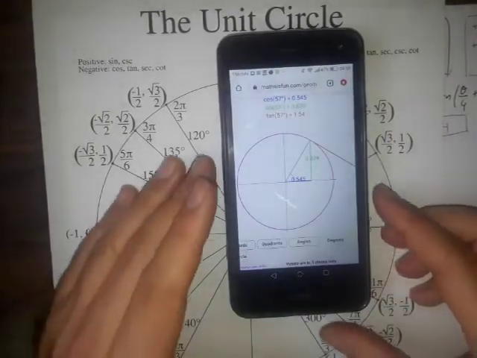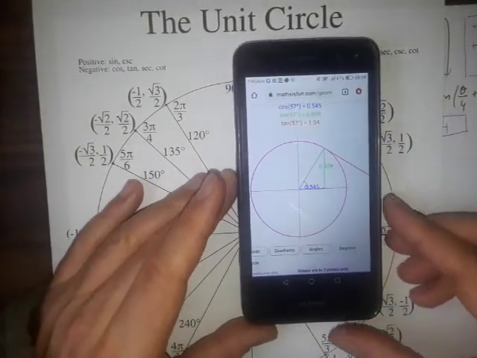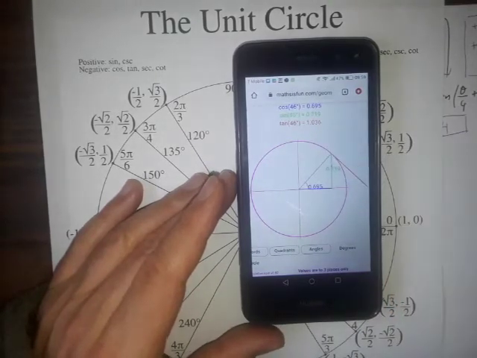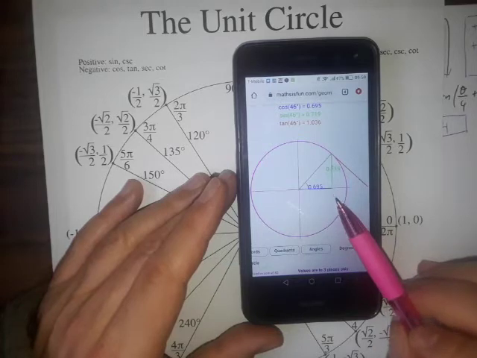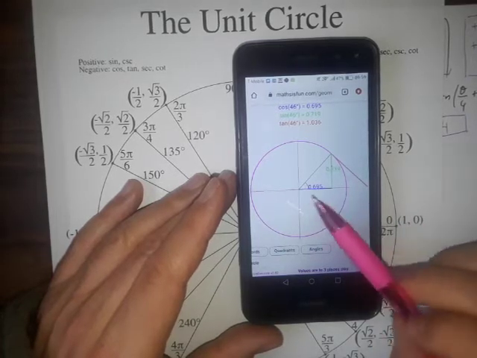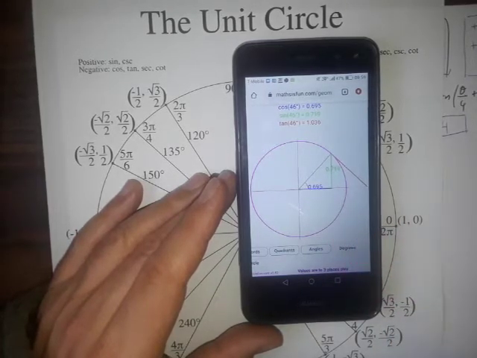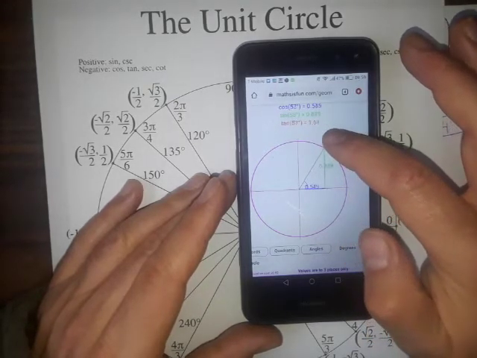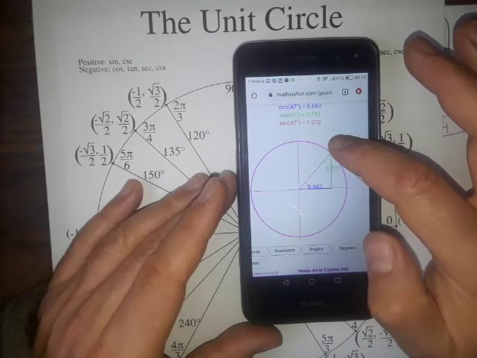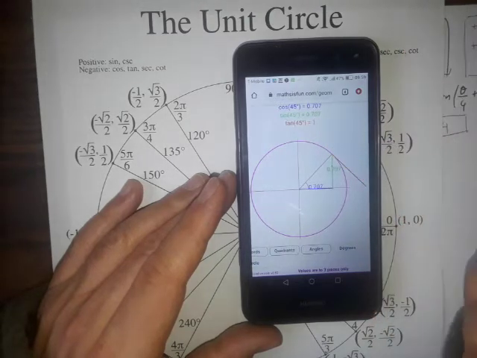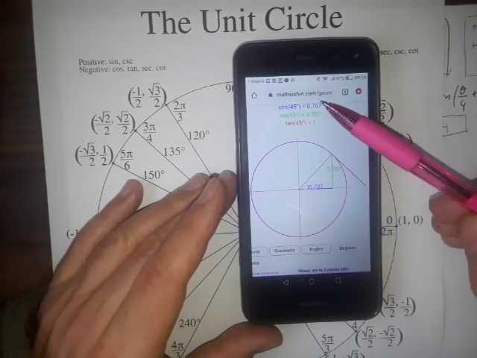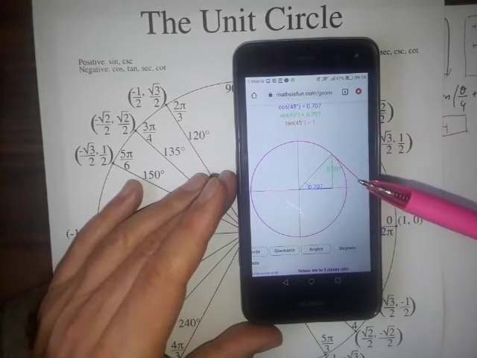When do the sine and the cosine have the same value, right? If I just keep moving this, when are the blue line and the green line going to be equal? Well, if we keep moving, it's pretty obvious that they're going to be equal at 45 degrees. So look, the tangent is going to be 1 at 45 degrees because the cosine and the sine are equal.